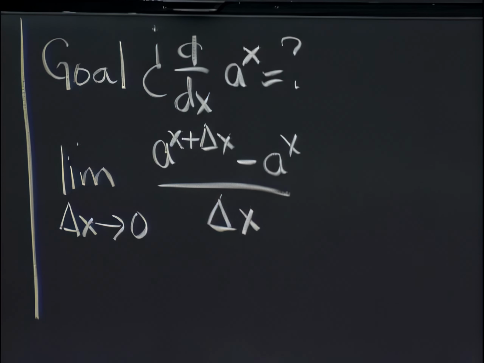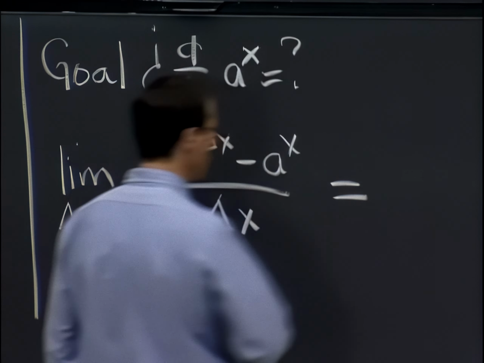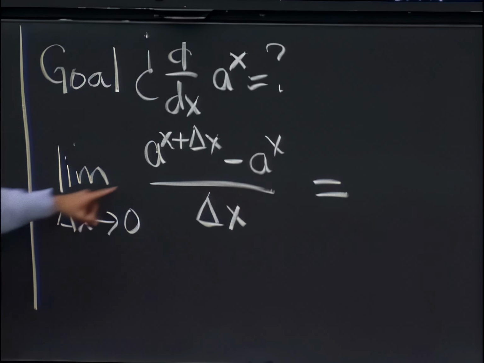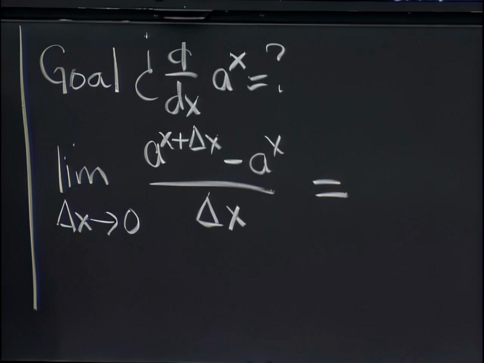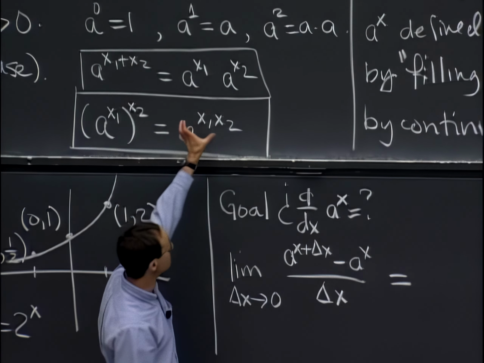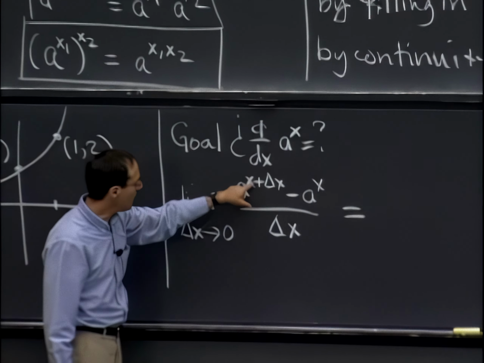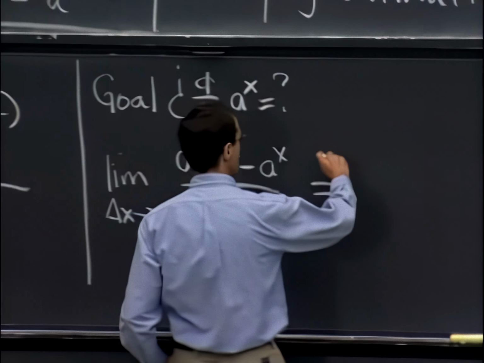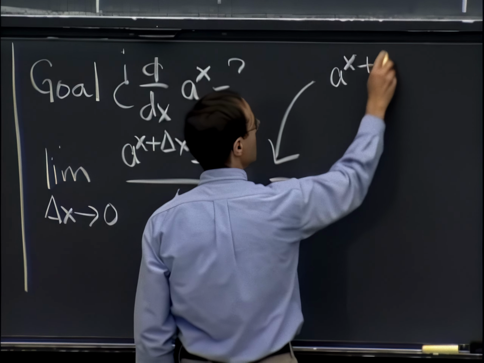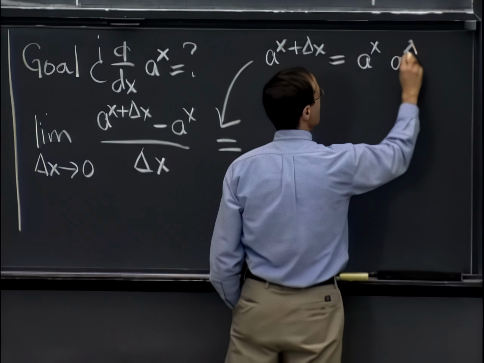And now, the only step that we can really perform here to make this into something a little bit simpler is to use this very first rule that we have here, that the exponential of the sum is the product of the exponentials. So what I want to use is just the property that a to the x plus delta x is equal to a to the x times a to the delta x.